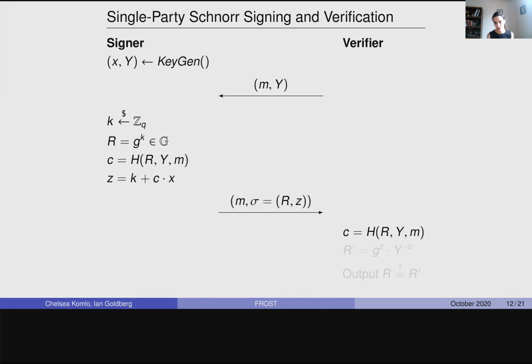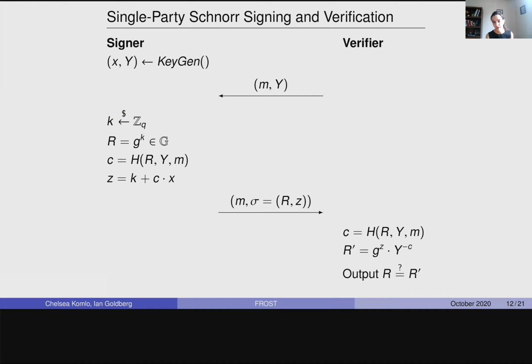And so then what the verifier does to verify that this signature is valid is they begin by rederiving the challenge value. All of the values in this hash are public, and so they can rederive this themselves. And then they rederive this R prime value. And they do this by taking the response Z and combining it with the signer's public key and then this rederived challenge value.